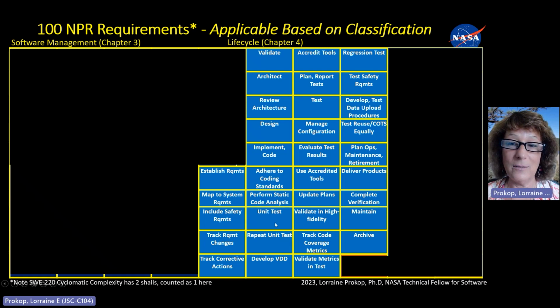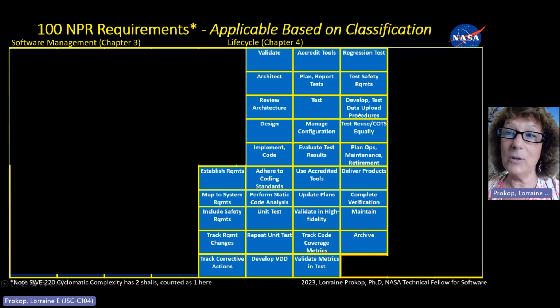Testing: unit test the software, make it repeatable, then develop a version description document, and credit any tools. You have to plan and report tests, actually perform the test, and then manage the configuration, evaluate test results, use accredited tools, update plans, validate in high-fidelity simulations or on the hardware itself, track code coverage, validate metrics during testing, regression test, and test the safety requirements.